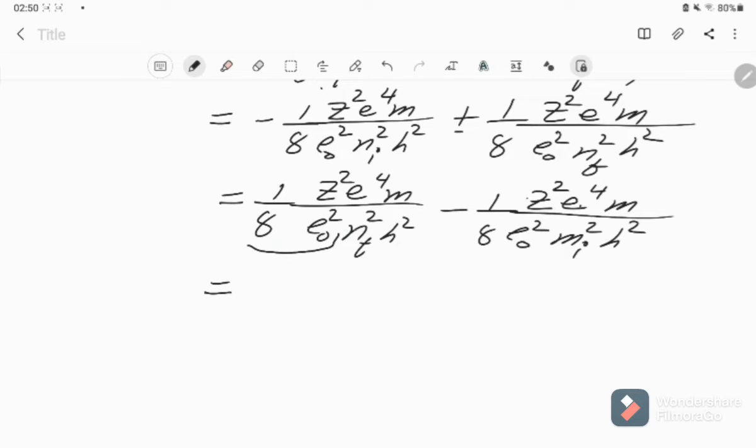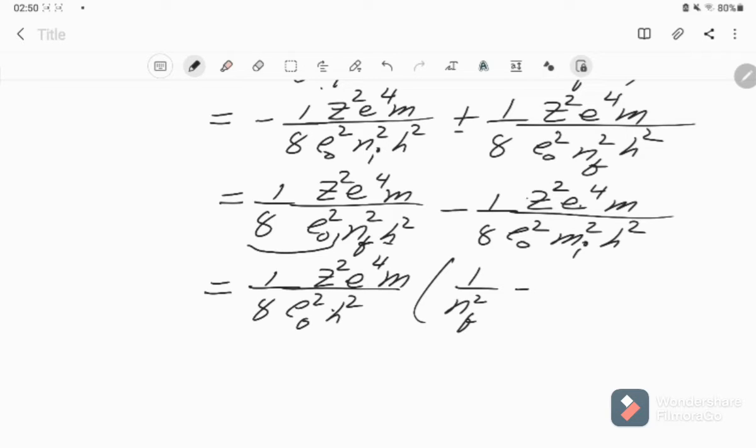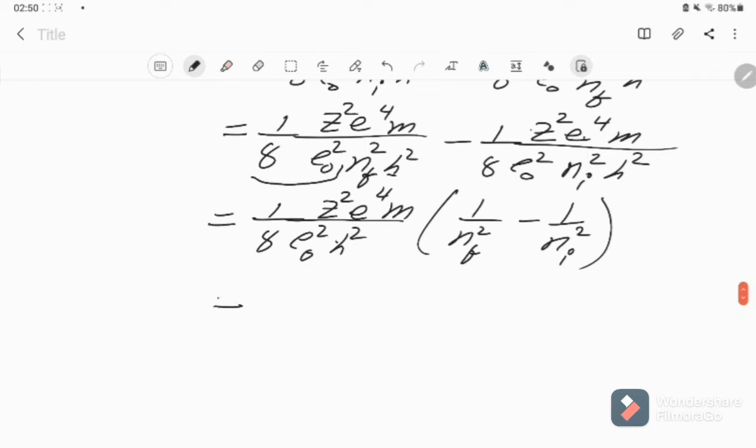All these are the same except n_i and n_F, so we can take the common part out: 1 by 8, Z squared e to the power 4 m over epsilon naught squared h squared, times 1 by n_F squared minus 1 by n_i squared. This part is all constant, and this constant is called the Rydberg constant.